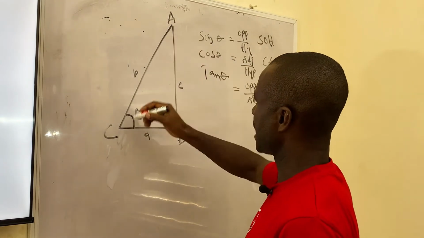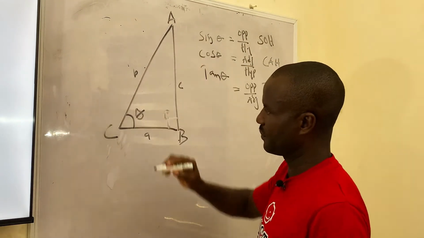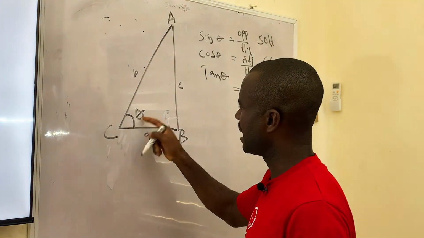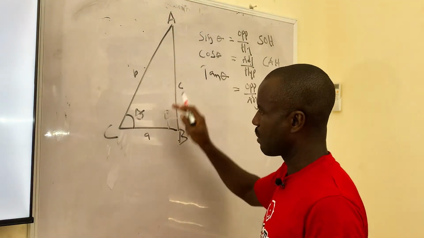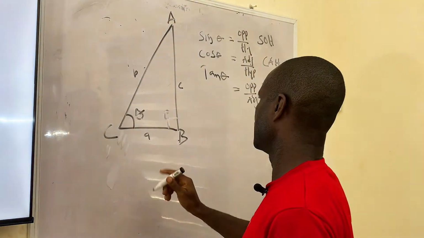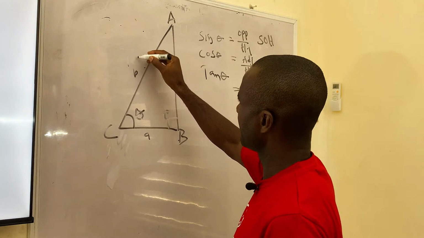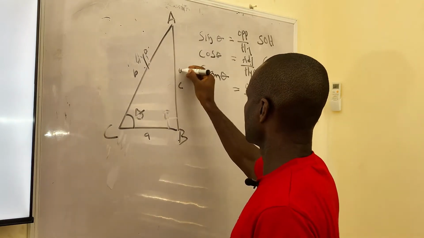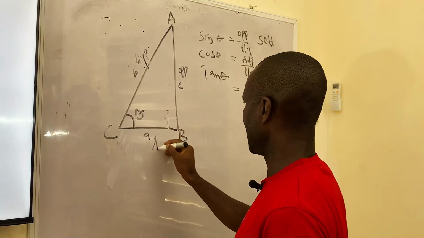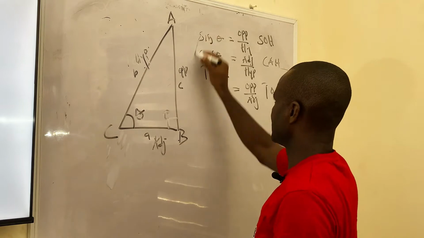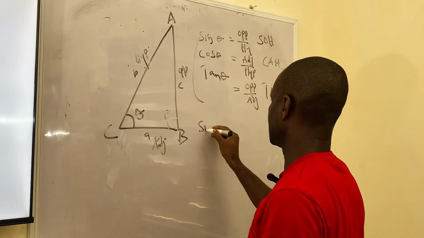This is the hypotenuse, the longest side of a triangle. The side facing this angle theta is the opposite, while the third side of the triangle is always the adjacent. So remember this as hypotenuse, opposite, and adjacent.